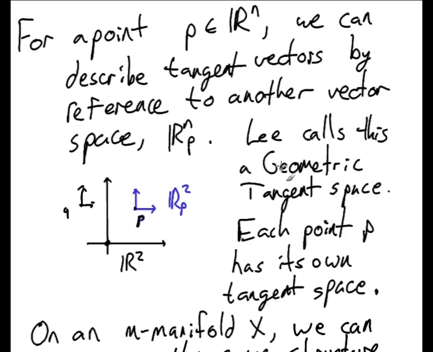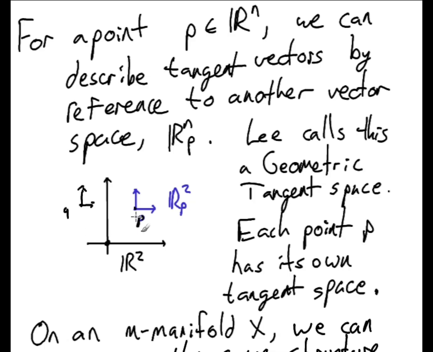I don't know exactly why it's geometric when we're dealing with the vector space setting and it's not on a manifold, but it is nice to get our mind around the idea right now that all of these are different vector spaces, right? The vector space at P is different from the vector space at Q.